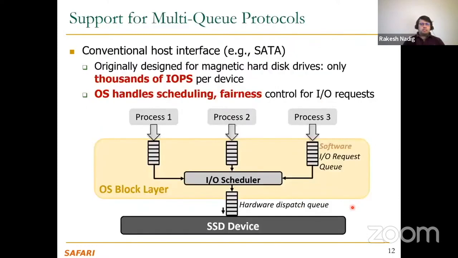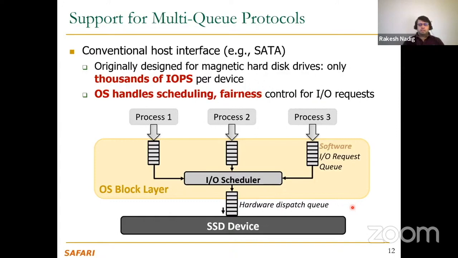So let's look at what is the support for multi-queue protocols. A conventional host interface, which is, for example, the SATA interface, was designed for magnetic hard disk drives originally, and it only supports thousands of IOPS per device, or the throughput is limited.